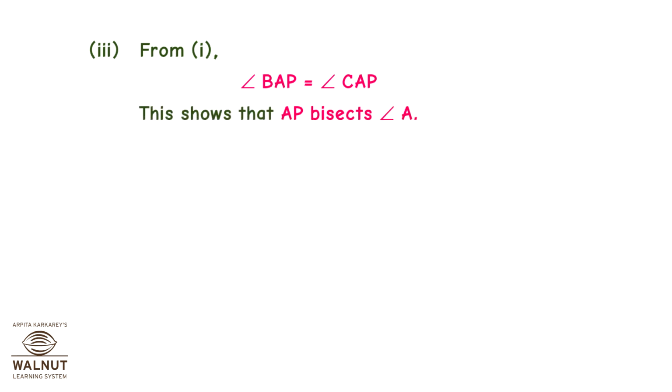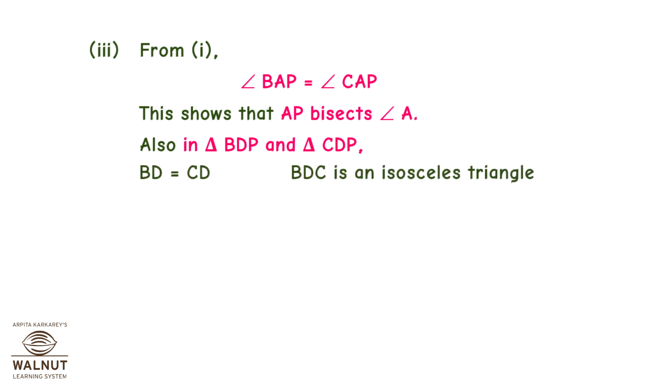Let's go to the third one. From 1, angle BAP is equal to angle CAP. This shows that AP bisects angle A. Also, in triangle BDP and triangle CDP, BD is equal to CD as BDC is an isosceles triangle.